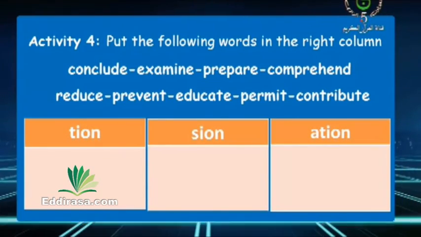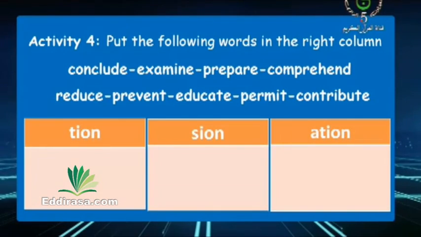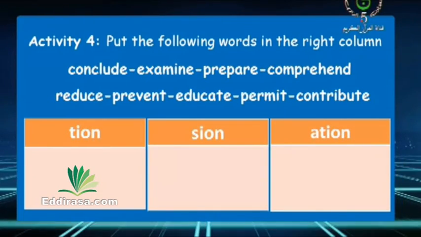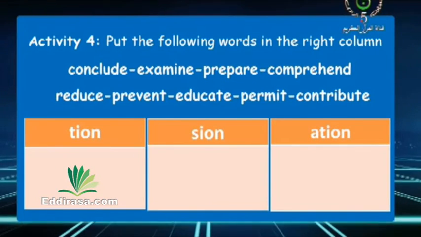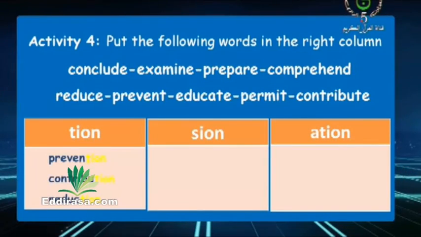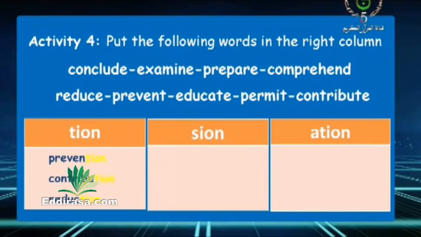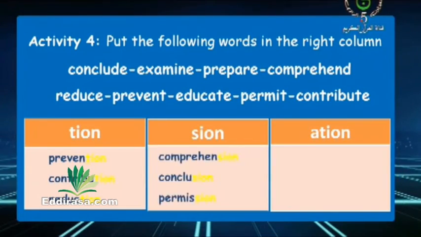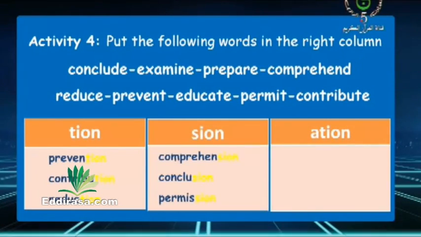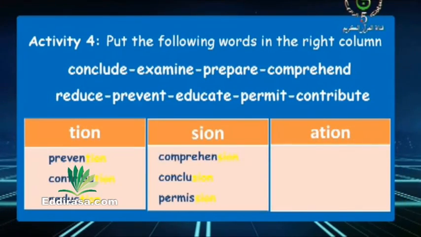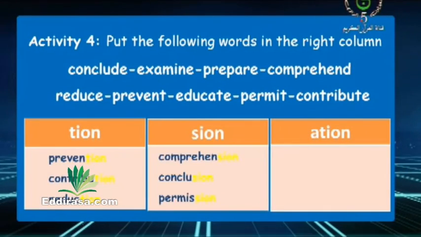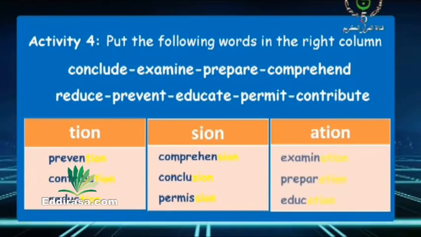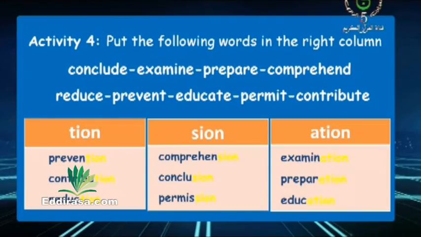So for words that end with the suffix T-I-O-N, we have prevention, contribution, reduction. And for words that end with the suffix S-I-O-N, we have comprehension, conclusion, and permission. And finally, words that end with the suffix A-T-I-O-N, we have examination, preparation, and education.